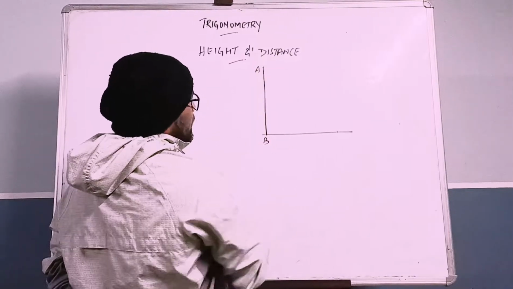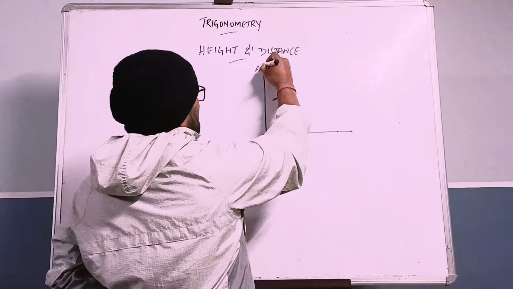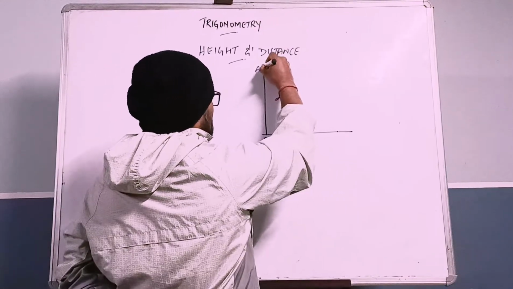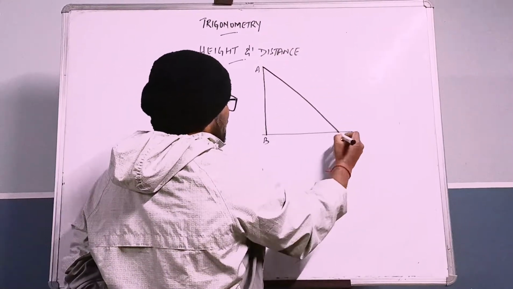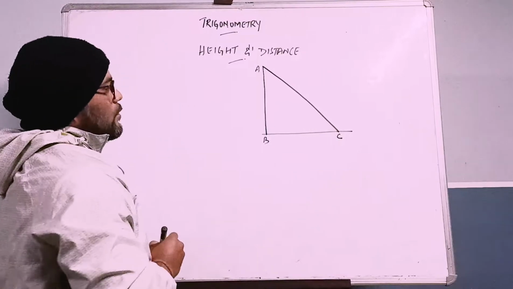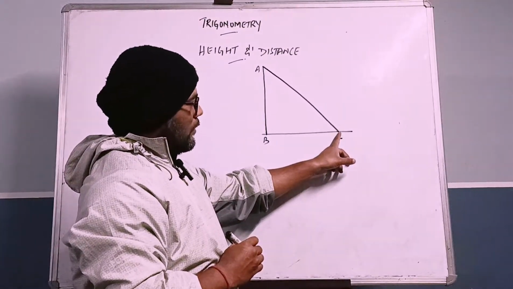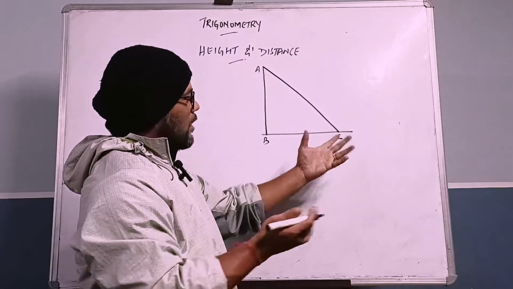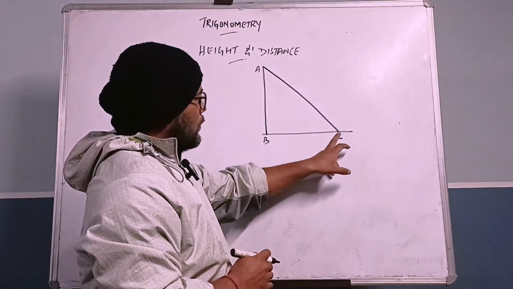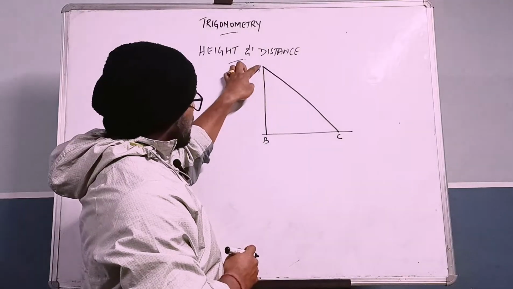Suppose AB is the height of the coconut tree and you are viewing the top of the coconut tree from the point C, on the ground or a garden or any field.